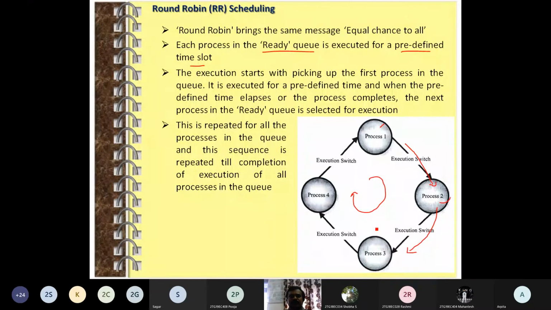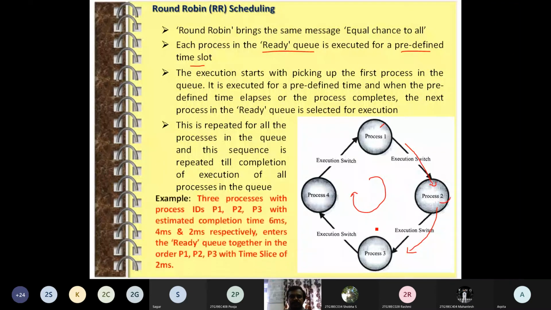This is the technique used in round robin scheduling. Instead of going with general statements, let us have an example by allocating the execution time as well as the predefined time slot.